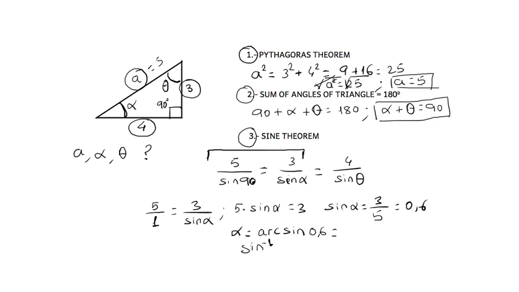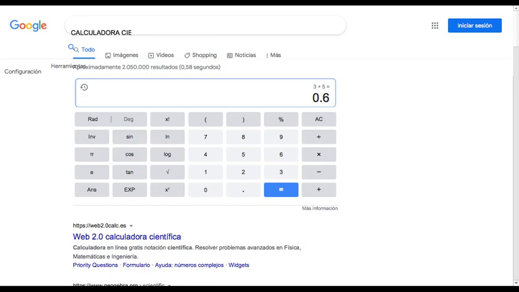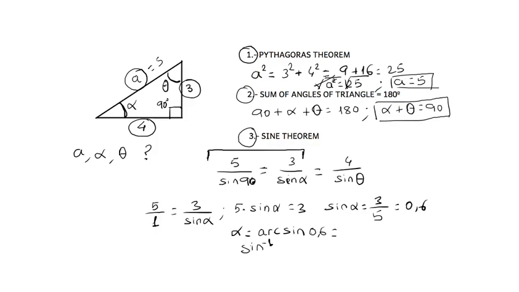So we go to the calculator and find inverse sine of 0.6, which equals 36.87. We can just round. So 36.87 degrees is the alpha angle.